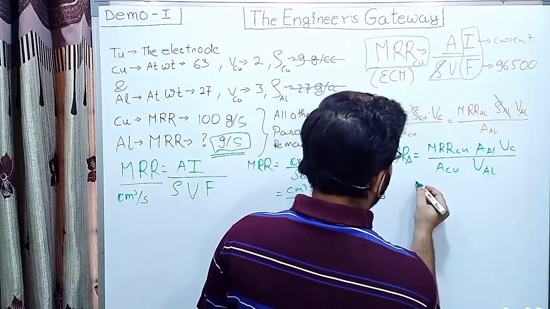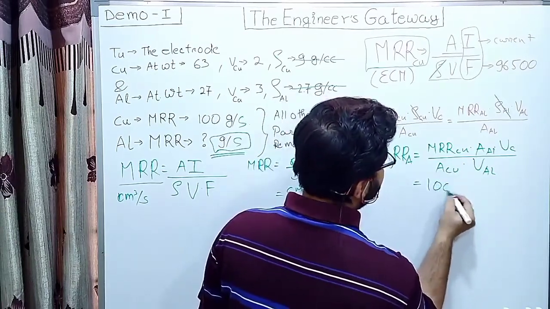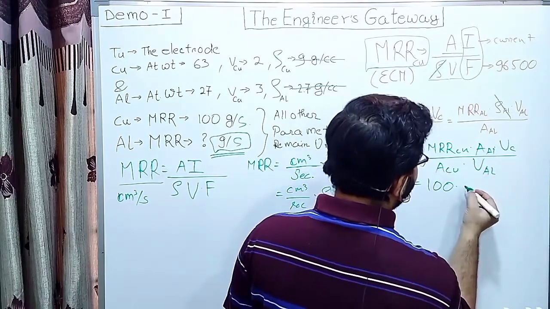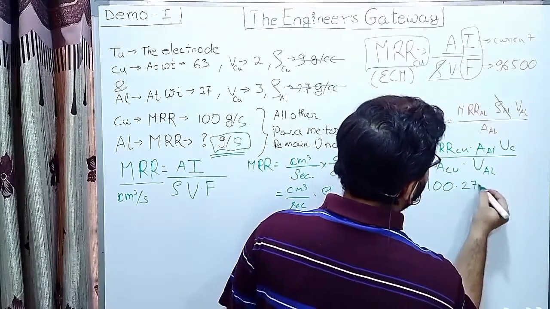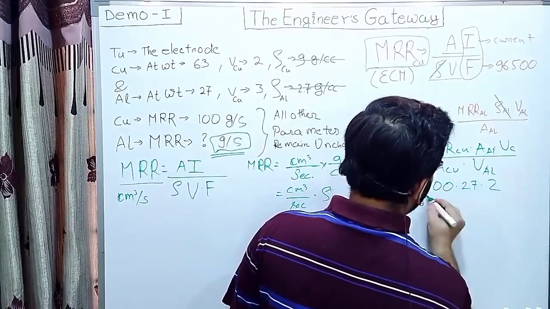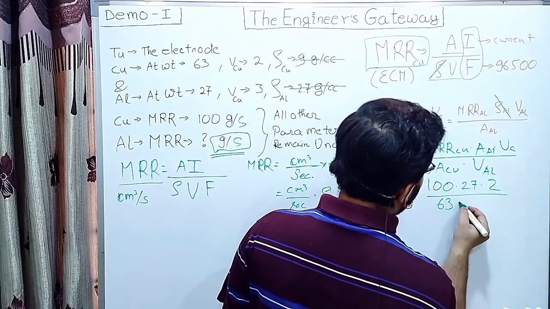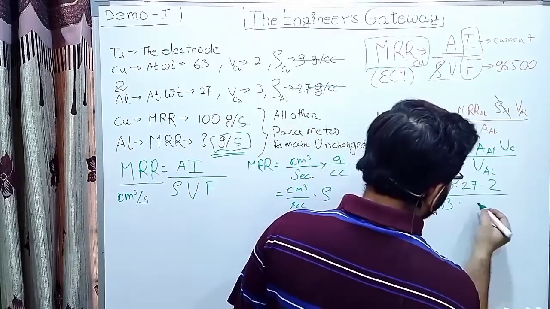When we put the values, we get 100, because everything is in gram per second, into atomic weight of aluminium given as 27 into valency of copper given as 2, divided by atomic weight of copper given as 63 into valency of aluminium given as 3.